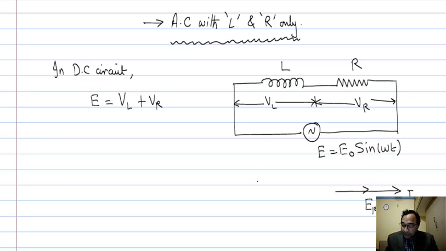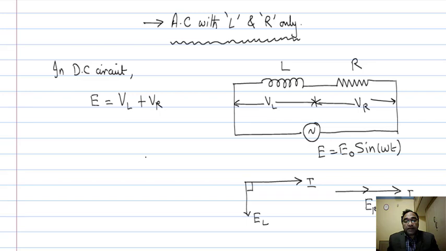In the case of an inductor, if this is the current, then the potential drop across the inductor is 90 degrees out of phase, which means that definitely we cannot go for algebraic addition.